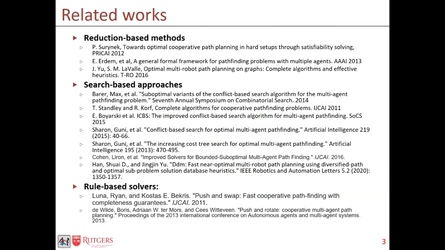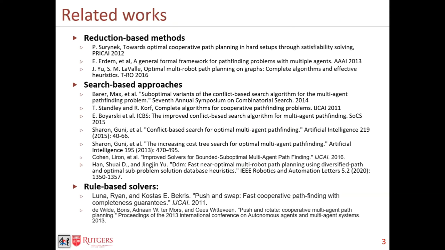Next, let me introduce some related works. MRMP has been actively studied for decades. Reduction-based methods reduce MRMP to other well-studied problems. One example is to reduce MRMP to a multi-commodity network flow problem and then use an LP solver to solve it.